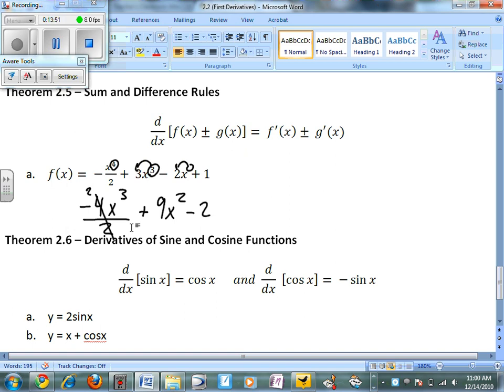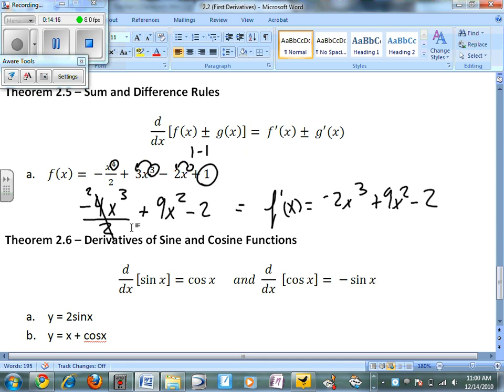When my exponent is 1, 1 minus 1 is 0. Anything to the 0 power is 1. So the derivative of 2x is just 2. And then the derivative of the constant is 0. So my derivative of this entire function, f prime of x, is negative 2x cubed plus 9x squared minus 2.